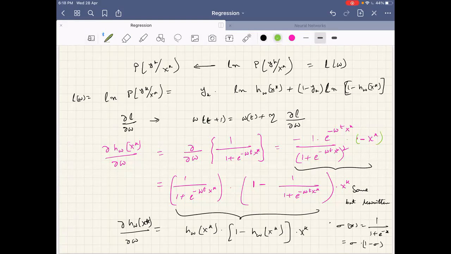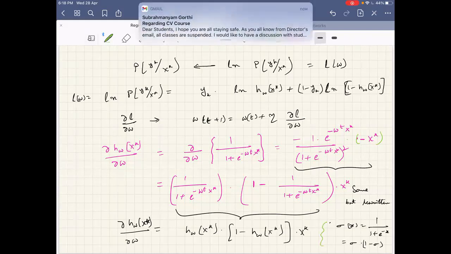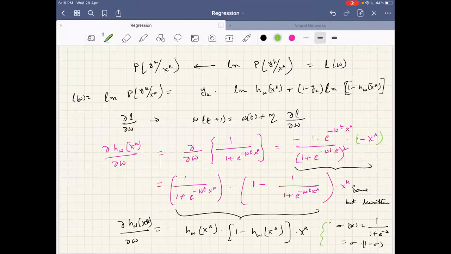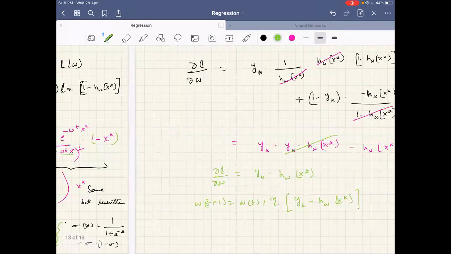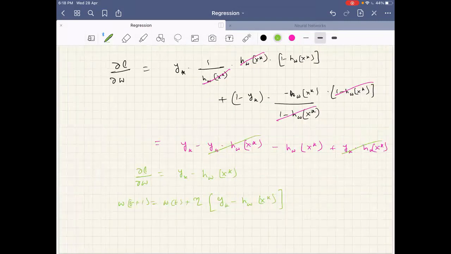This is for when it is only a function of x. When there is a W transpose x, as you can note here, the sigmoid function has W transpose x in the exponent. Because of that, this xk is also coming out. Fine. So all this has come along with xk everywhere.